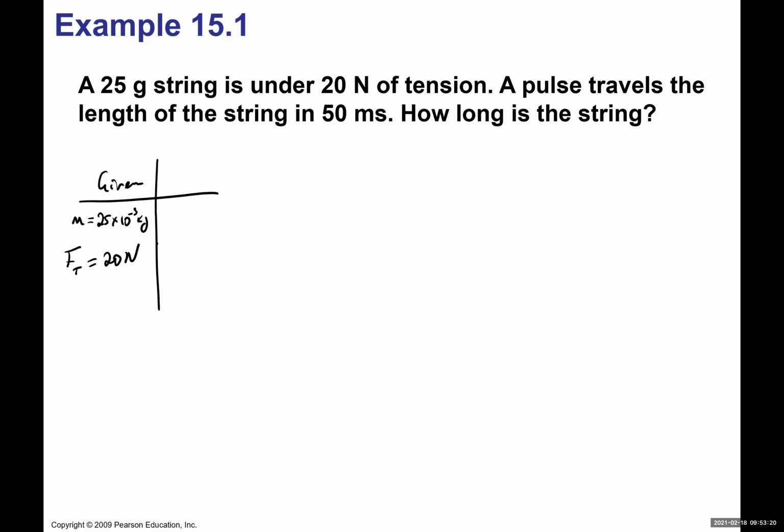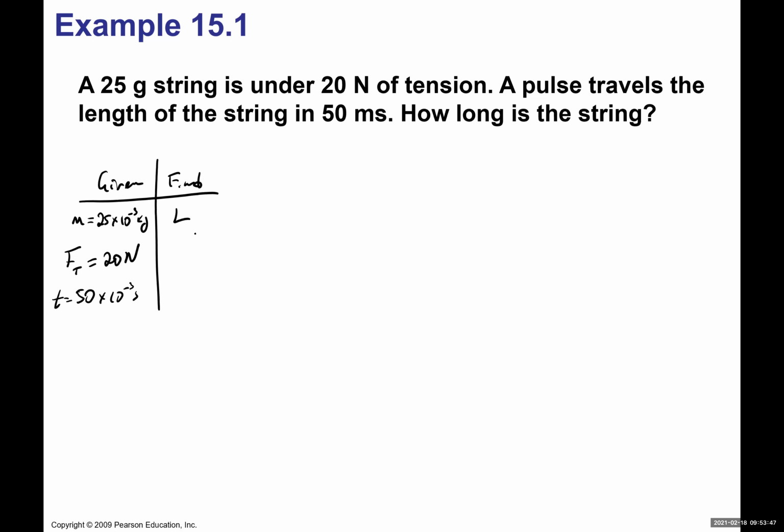And then you're told that the pulse travels the length of the string in 50 milliseconds. That means how long it takes to go from point A to point B. So time is 50 times 10 to the negative 3 seconds. What we want to find here is how long the string is, so length L of the string.